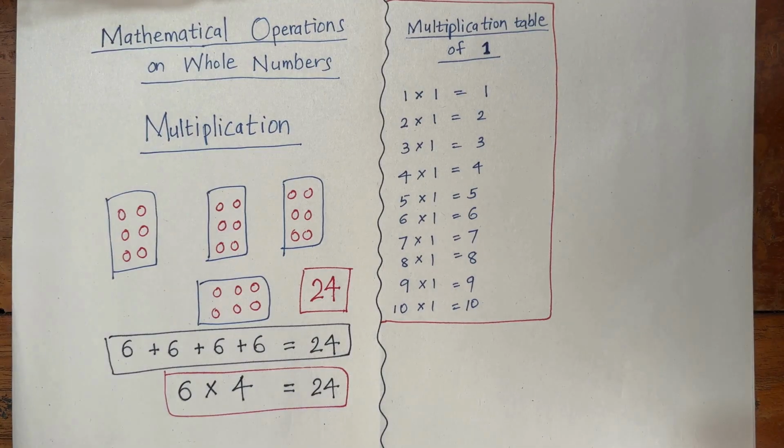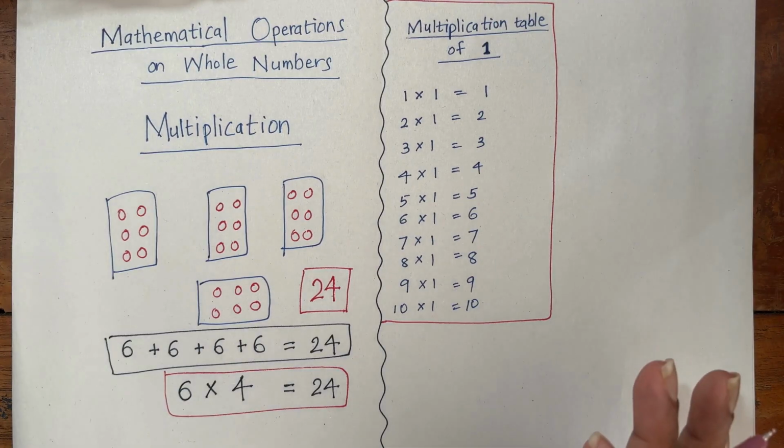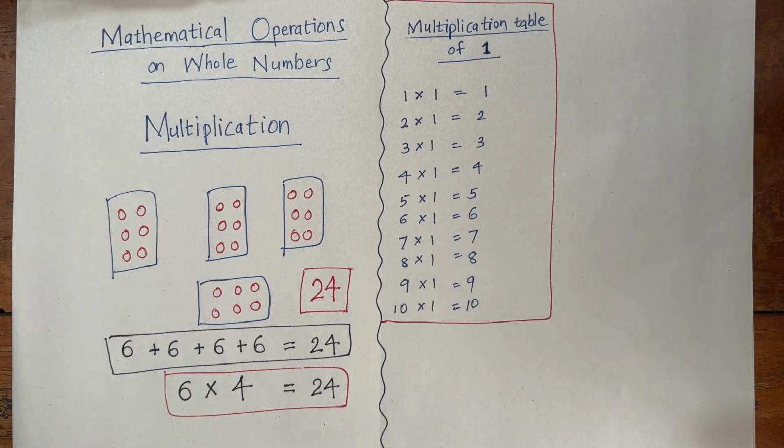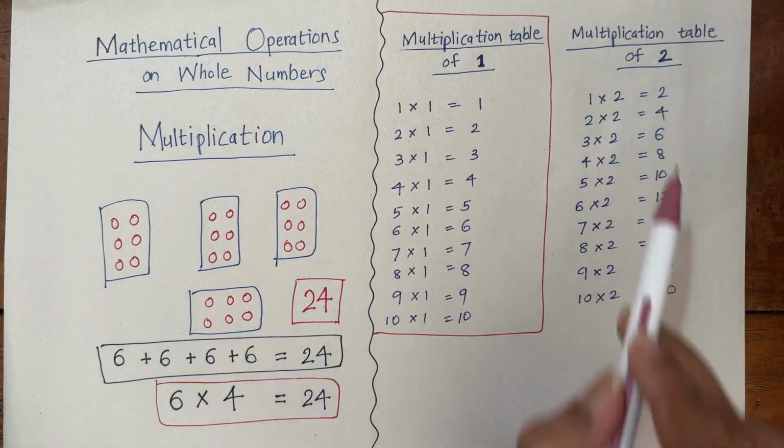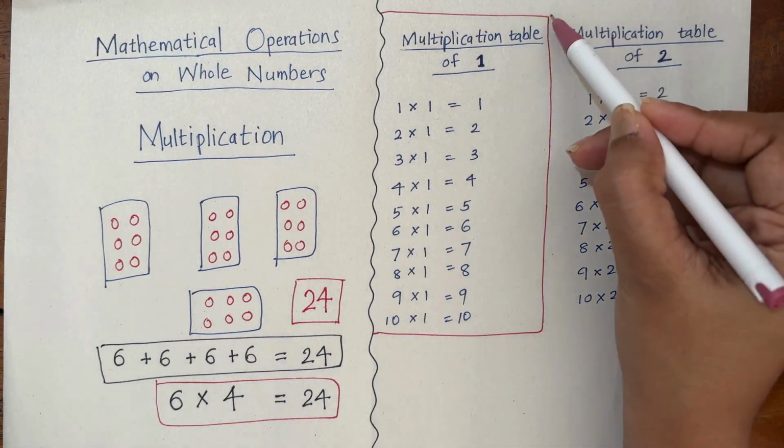It is better if you can remember more than that, but up to 10 is more than enough to perform any multiplication. Okay? Now here you can see the multiplication table of 2.